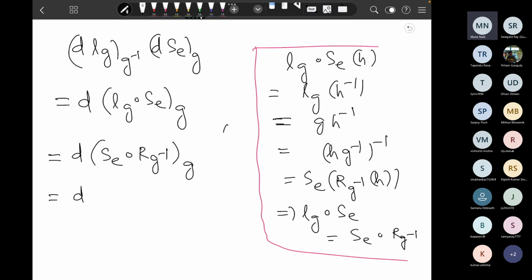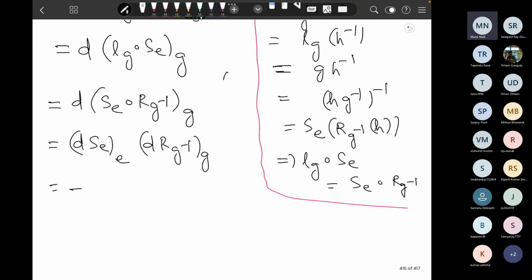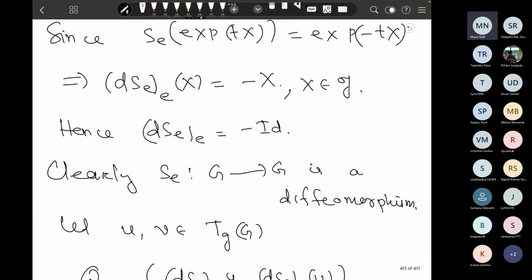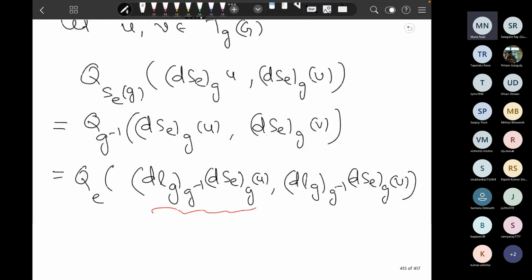So this is dS_e, dR_{g inverse} at g, and this is dS_e at e, but dS_e is equal to minus identity, as we have seen. I am using that.